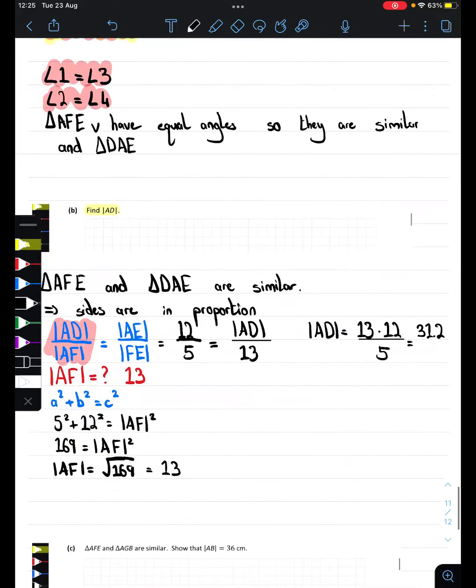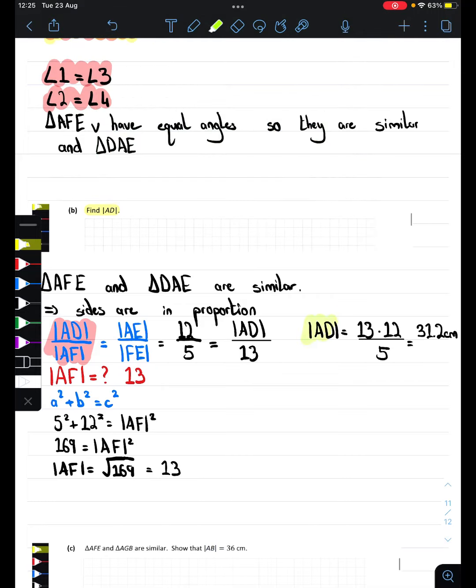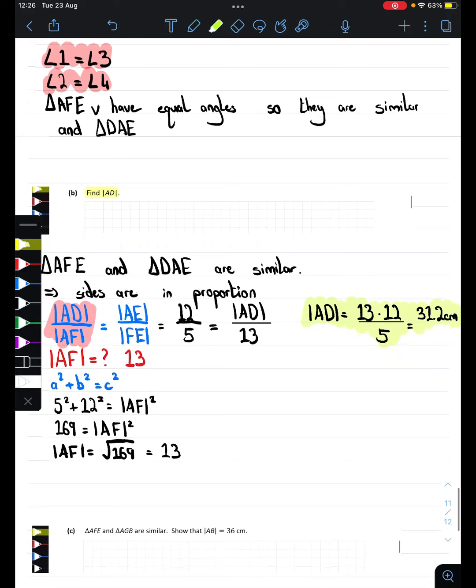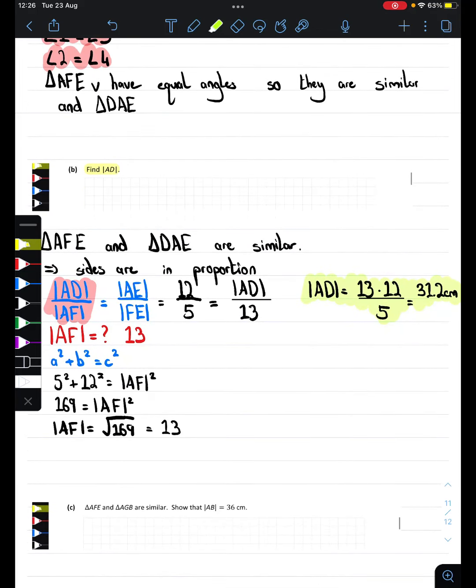We're working with centimeters. And so that is our answer for the length of AD. So just using the knowledge that if triangles are similar, then their sides are in proportion, and then combining that with Pythagoras' theorem to find the length AF.